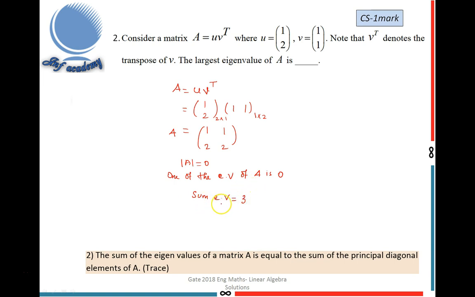Sum of eigenvalues: you know one eigenvalue is 0, plus the other eigenvalue lambda 2. Here lambda 1 equal to 0, so lambda 2 equal to 3. So the matrix A has two eigenvalues, 0 and 3. The largest eigenvalue of A is 3. So the final answer is 3.